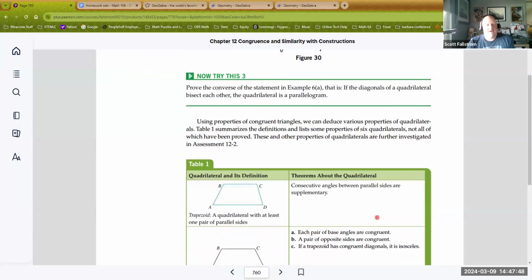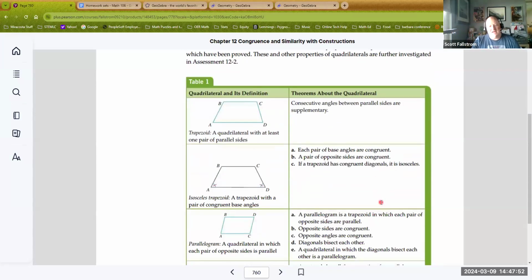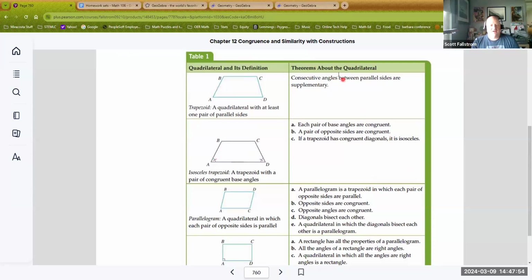All right. The reason I skipped that last theorem is there's actually a page, and everything on this page is basically a theorem you can prove. If you know the definition of a trapezoid, you should be able to prove that consecutive angles between parallel sides are supplementary. To me, this one's a pretty quick proof.